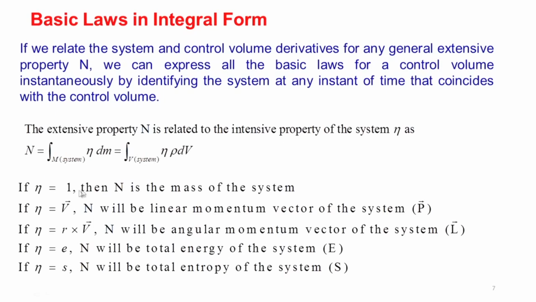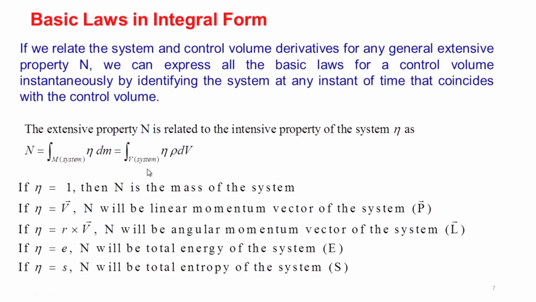Similarly, if you define the intensive property eta as V, then if you substitute here V into rho into dV, you know mass into velocity will give you the linear momentum, and similarly on the left hand side the extensive property N will give you the linear momentum.